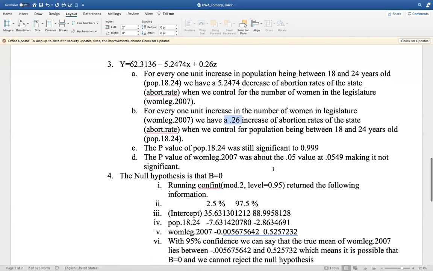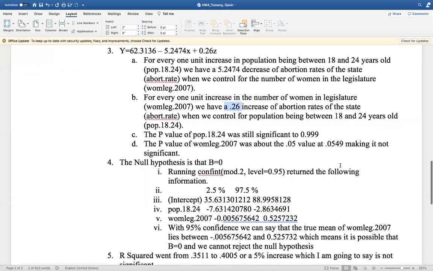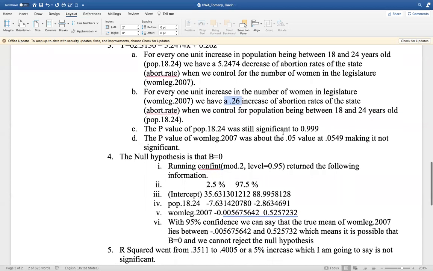But for women ledge, it was 0.059, making it not significant. So basically the number of women in legislators is just not a super significant variable when it comes to these relationships. Any questions there?